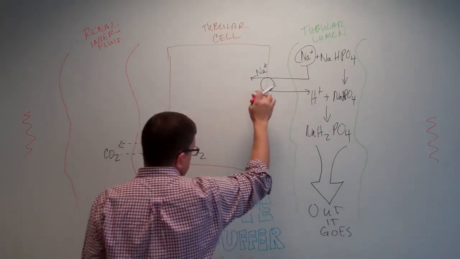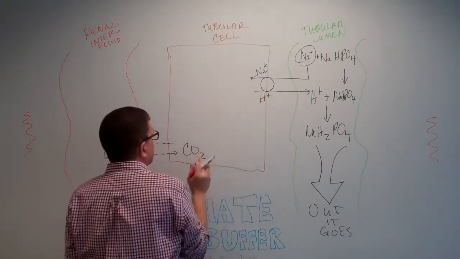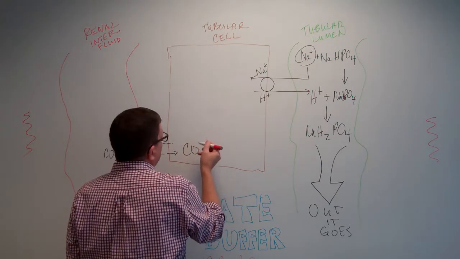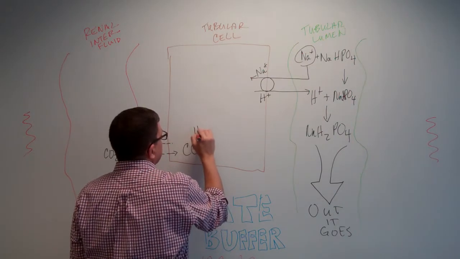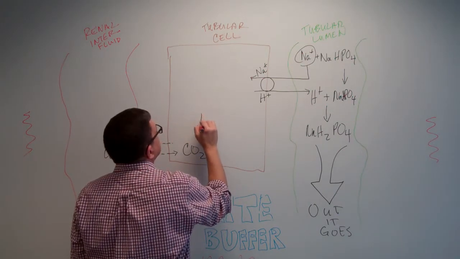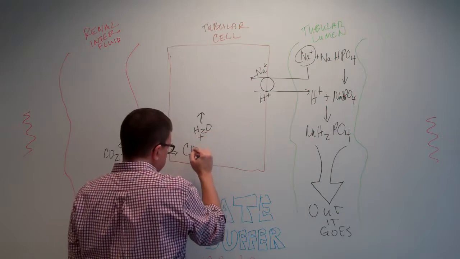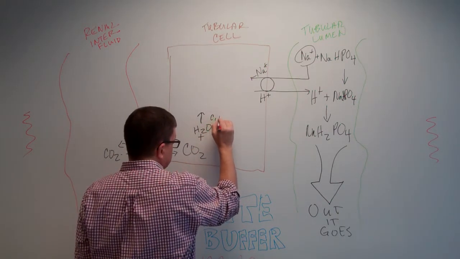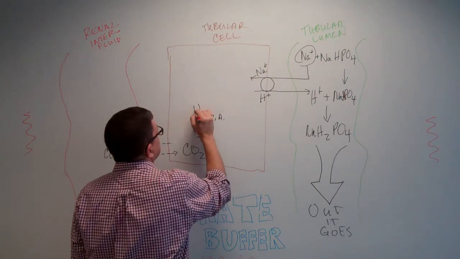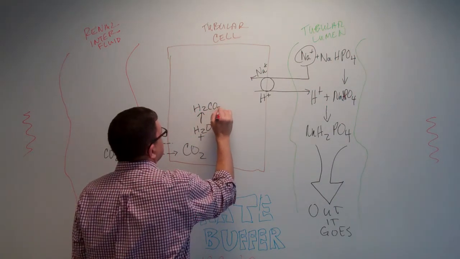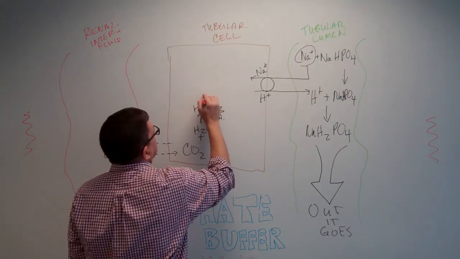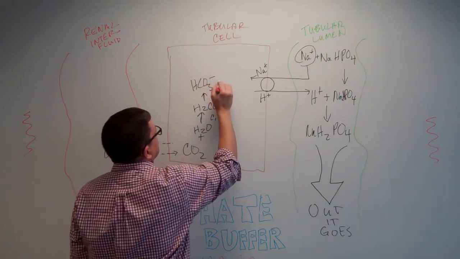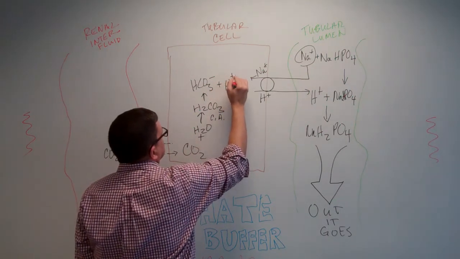But again, where did this hydrogen ion come from? Well, you have dissolved CO2 in the tubular cell. There's already water here, so if you add that to water, H2O plus CO2, under the influence of carbonic anhydrase, this becomes carbonic acid, H2CO3. This will further break down to bicarb, as we've seen already, plus hydrogen ions.